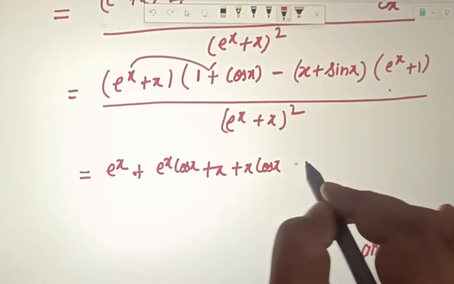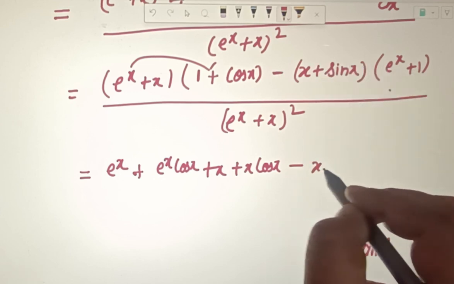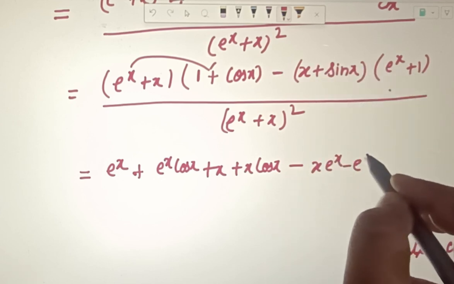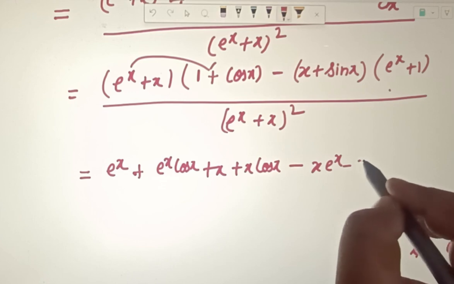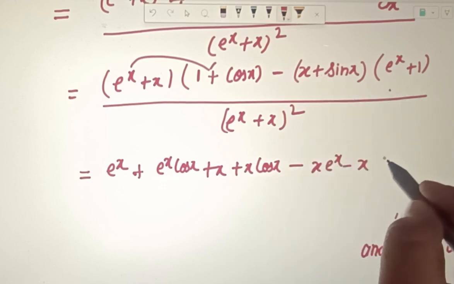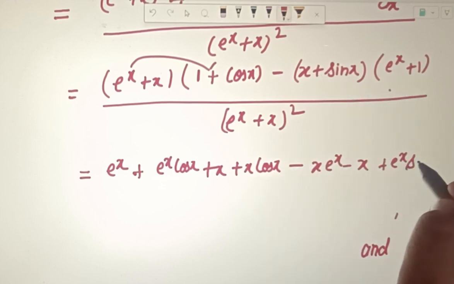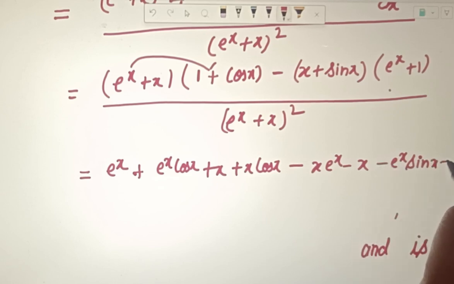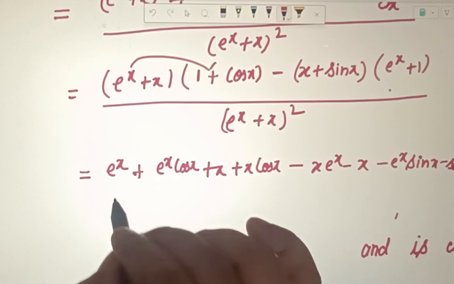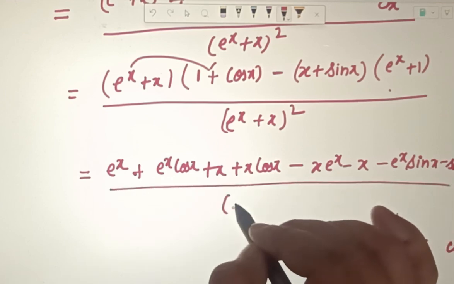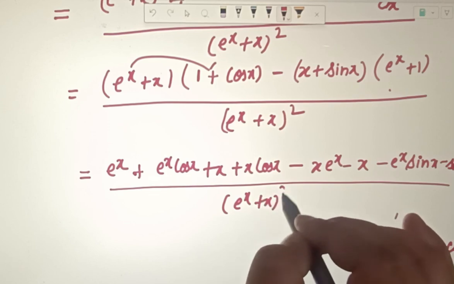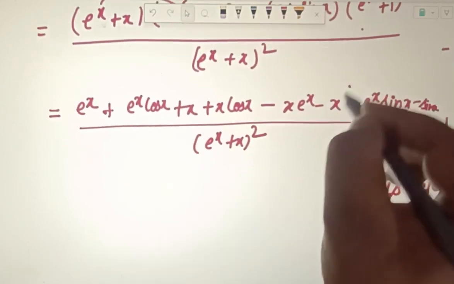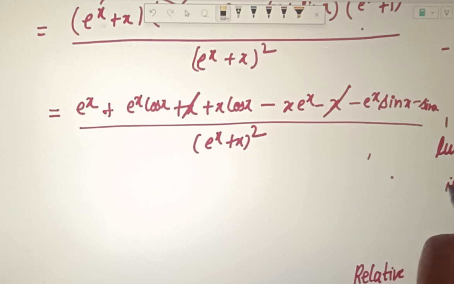And then minus x e to the power x, minus e to the power x, and then minus e to the power x sin x, and then minus sin x, and the whole divided by e to the power x plus x, the whole squared. So you can simplify. If some things cancel out, then cancel them and write the remaining terms here.